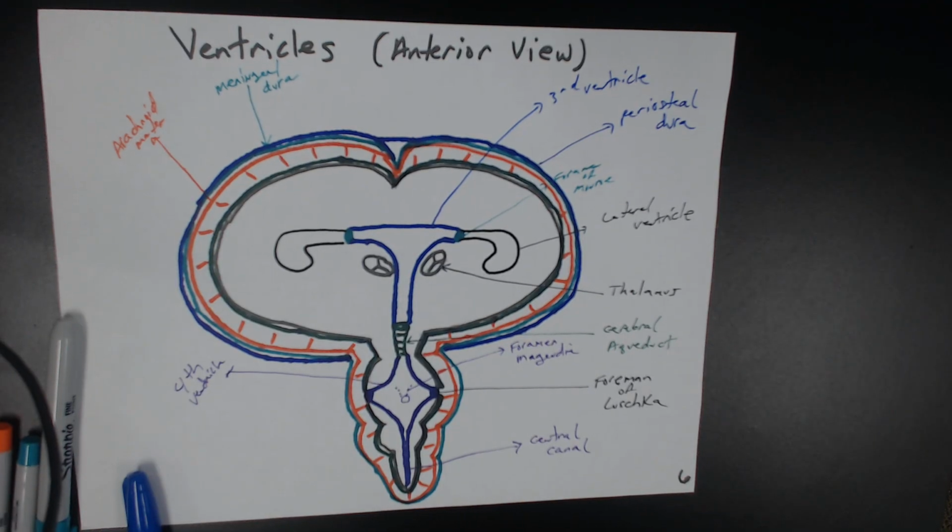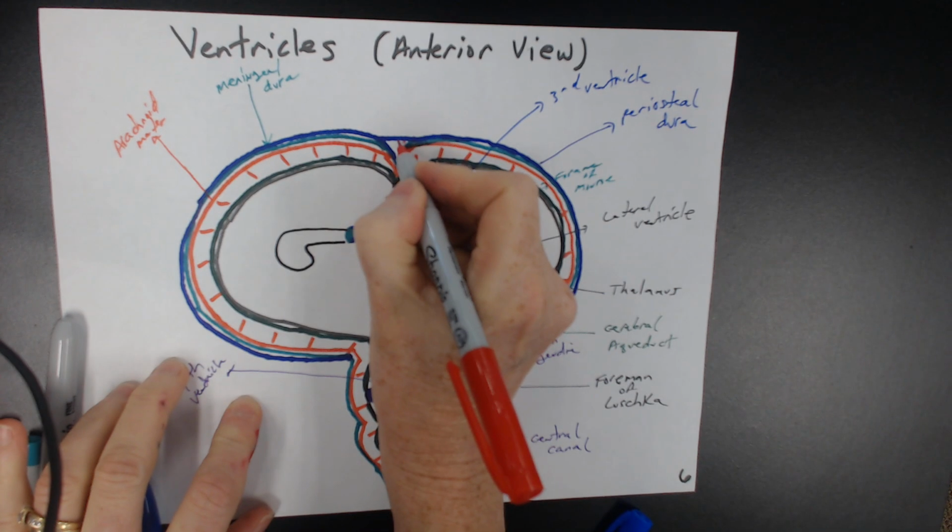Okay. Now, give you a chance to catch up. If you remember, that little invagination made by the meningeal dura forms this superior sagittal sinus.